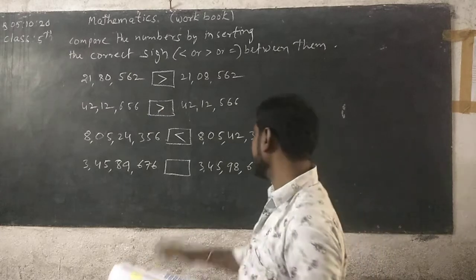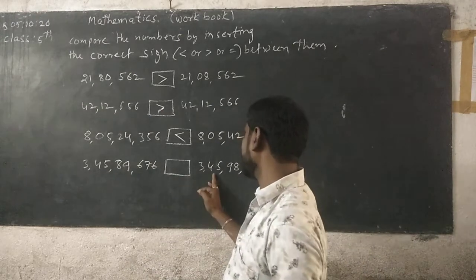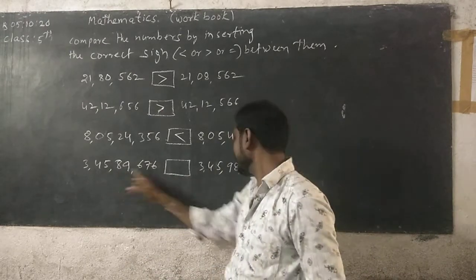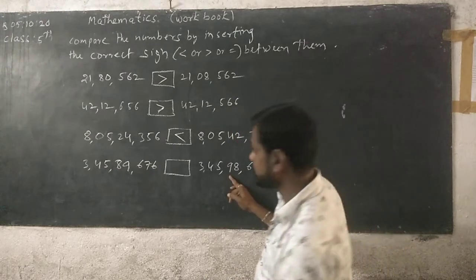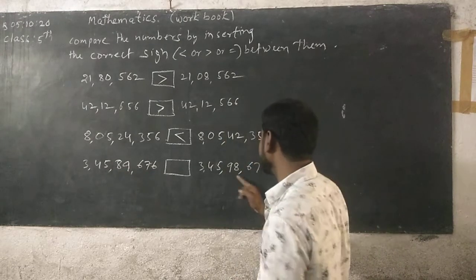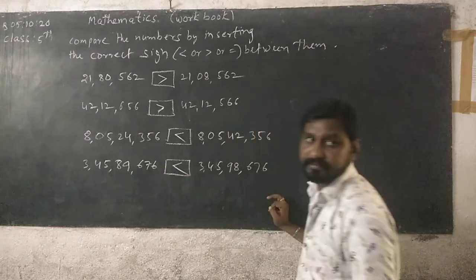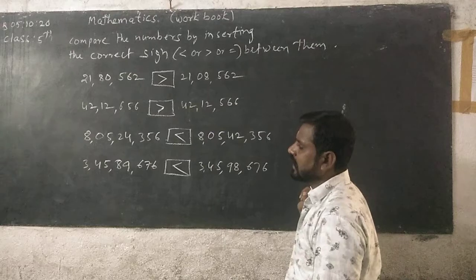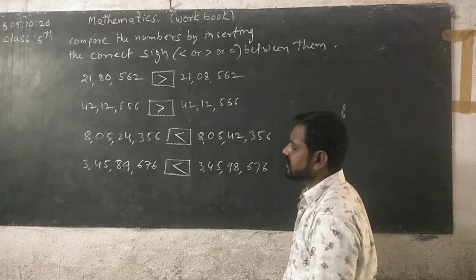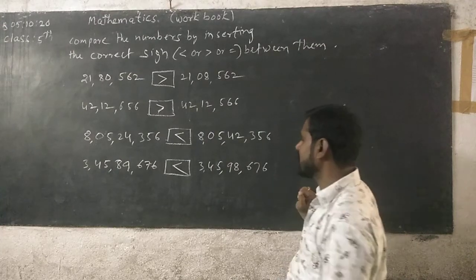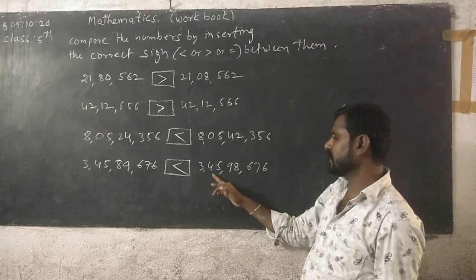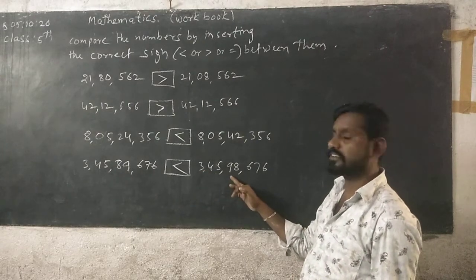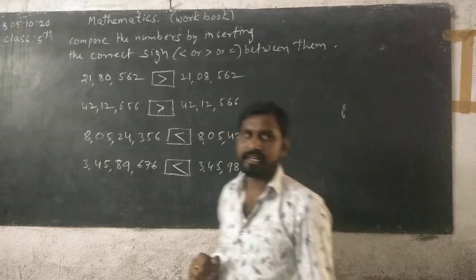See here, 3 crore 45 lakh same, here 89,000, here 98,000. So 89,000 is less than 98,000. Then 3 crore 45 lakh 89,676 is less than 3 crore 45 lakh 98,676.